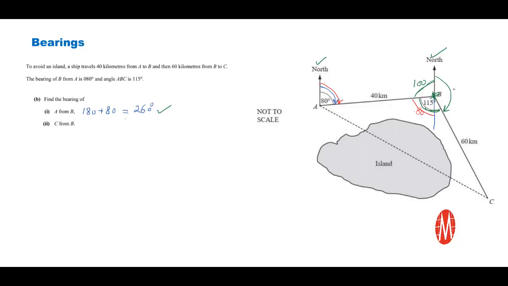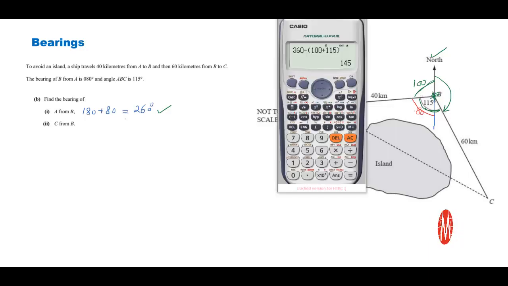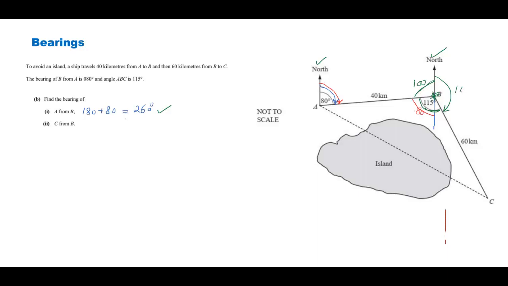So we will get this much angle, that is 145. So this angle is 145, and this is the bearing of C from B. So from B, the bearing, or the direction, because bearing is also direction, is 145 degrees. So this answer is 145.